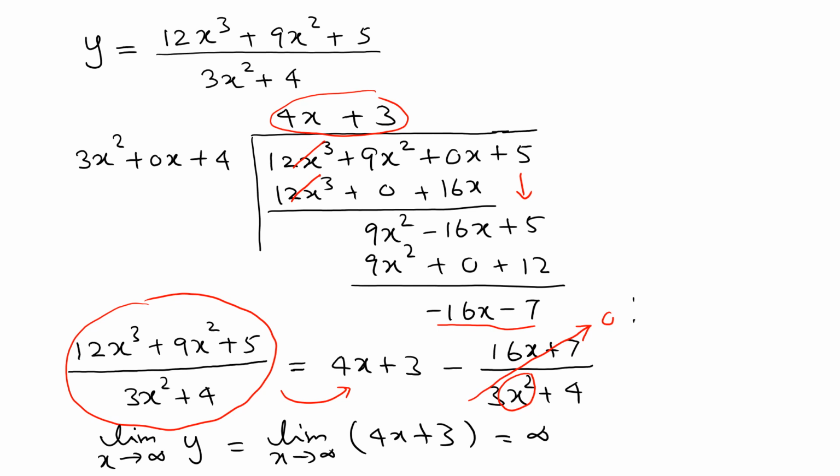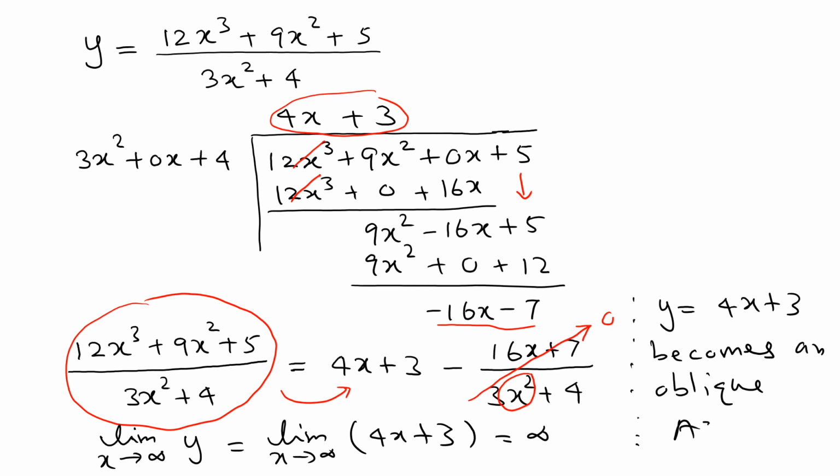So we get y equals 4x plus 3 becomes an oblique asymptote. That's how you find an oblique asymptote using calculus. The fraction goes to 0, and the expression y gets closer to the quotient part, which is 4x plus 3 in this case, and that produces an oblique asymptote. So that's how you can use calculus to find the oblique asymptote.